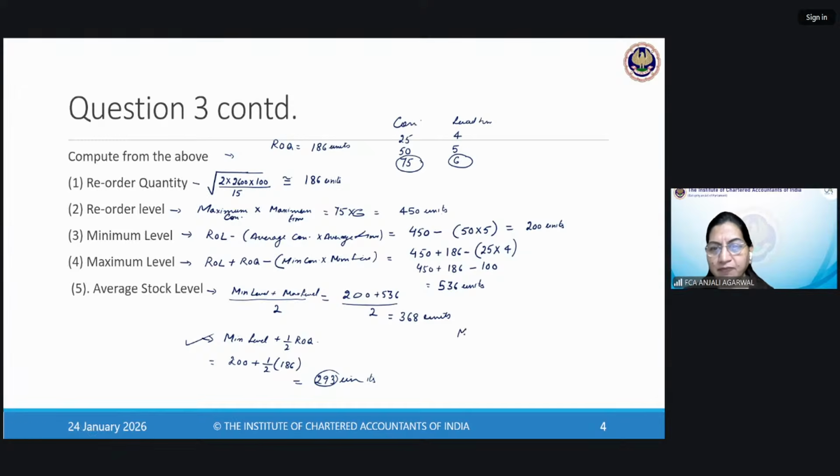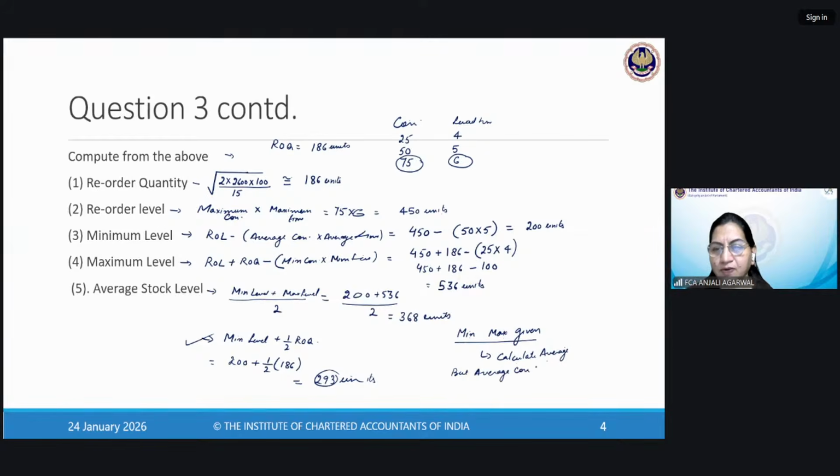Once again, if minimum and maximum levels are given, you will calculate the average levels. So if minimum and maximum consumption or minimum and maximum lead times are given, then you calculate the average consumption and average lead time. But if the average is given, you will use that only.